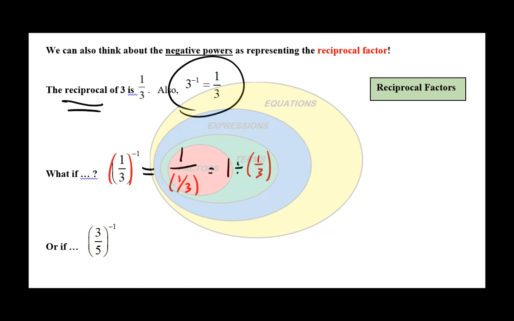And now we know how to handle division of fractions. We invert and multiply. So this is the same, and we take our factor here, and this would be the same as 1 times then 3 over 1, which is just equal to 3. So it looks like we got 1/3 to the negative 1 is the same as 3, which is the reciprocal.